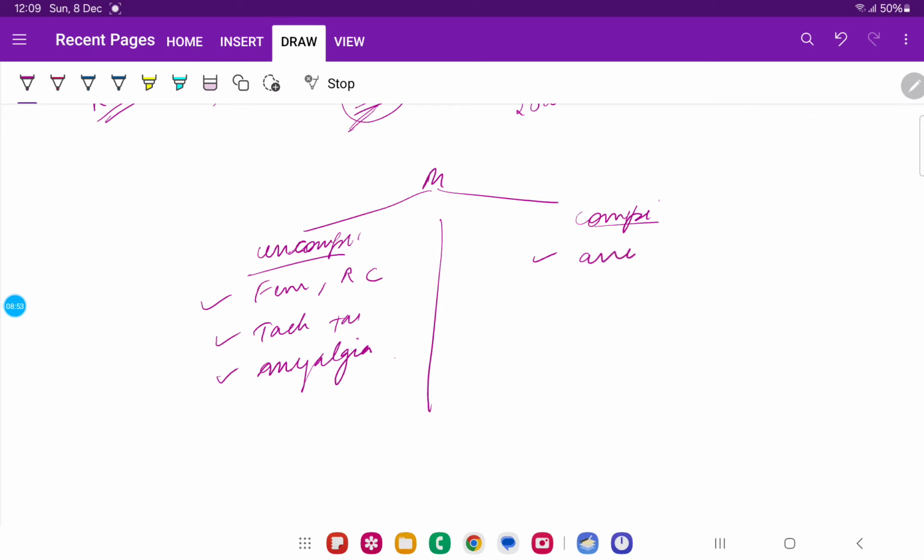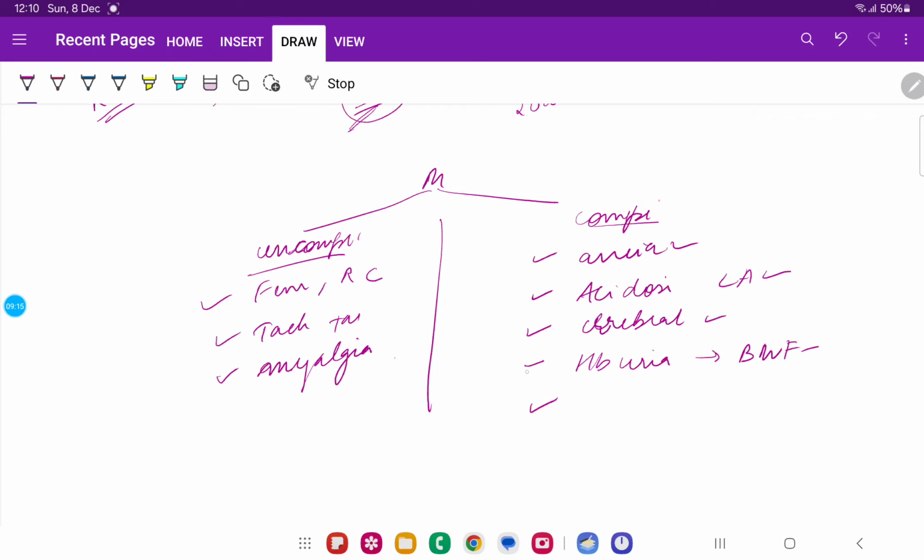So anemia will be there. Then there can be acidosis, lactic acidosis. There can be cerebral malaria. There can be hemoglobinuria, which is blackwater fever.